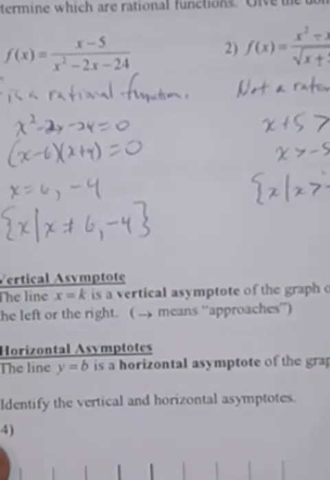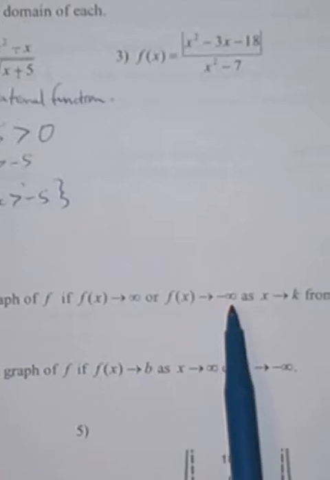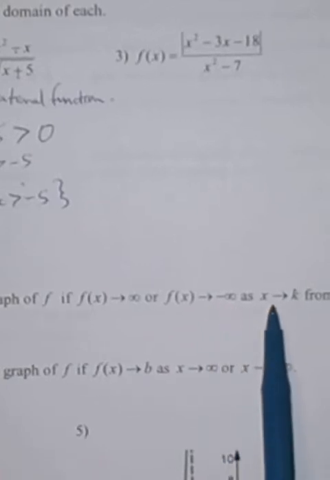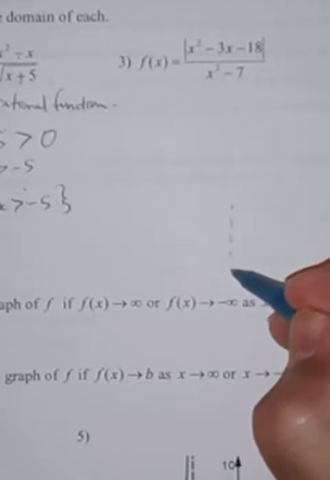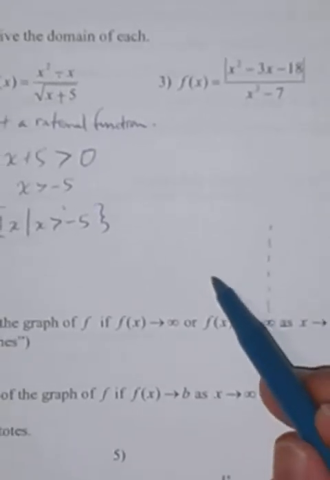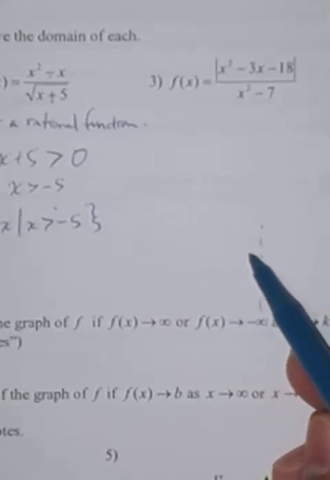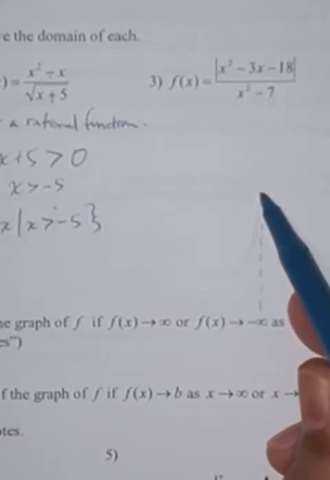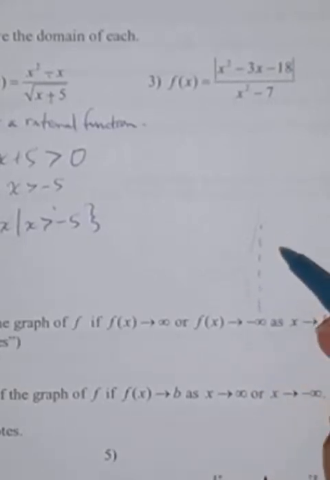X equals something. Where it says f of x approaches infinity or negative infinity as x approaches k, that means you have some vertical line, and as you approach it from the left, your graph starts following the line upward or downward. It's getting forever closer and closer, but it never gets there.